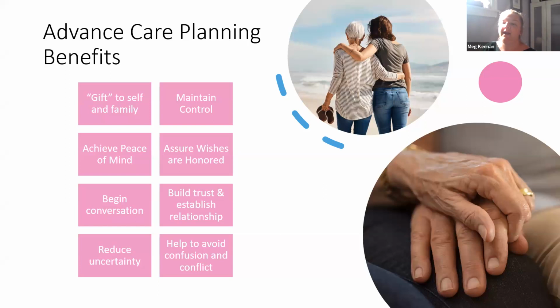It helps to maintain control, gives you and your family peace of mind, and ensures that your wishes are honored in a time that may otherwise feel incredibly chaotic. It does help to reduce family conflict and uncertainty. So really, advanced care planning is first and foremost a gift for yourself to make sure your wishes are honored, but it's a huge gift to your friends and family to take the what-if out of those situations that are otherwise going to feel out of control.